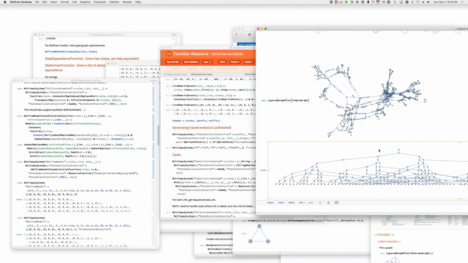And then you look at the equivalences. First, it's the equivalences between this expression and that expression.